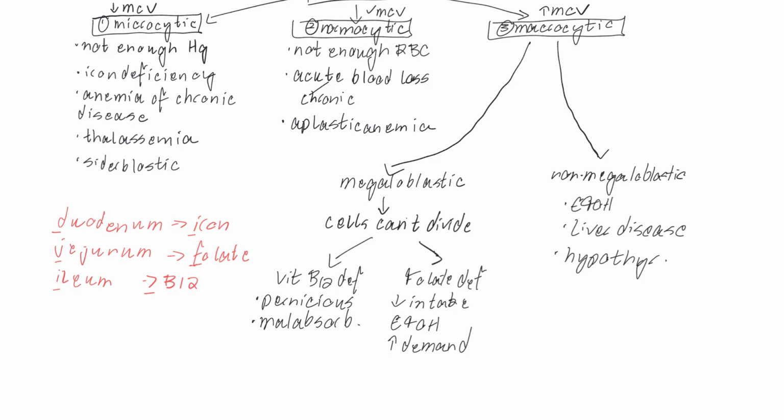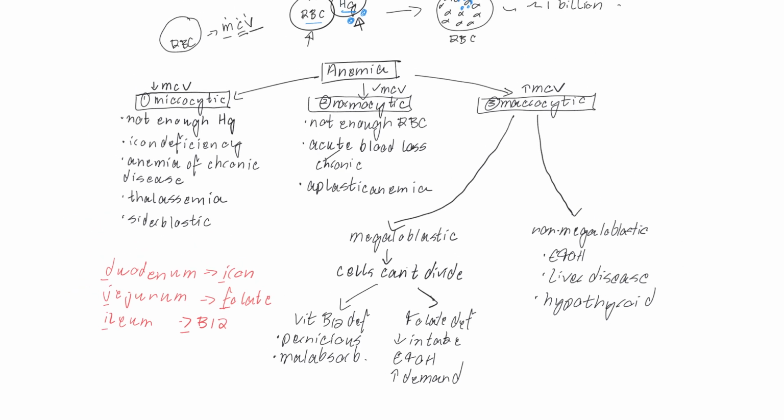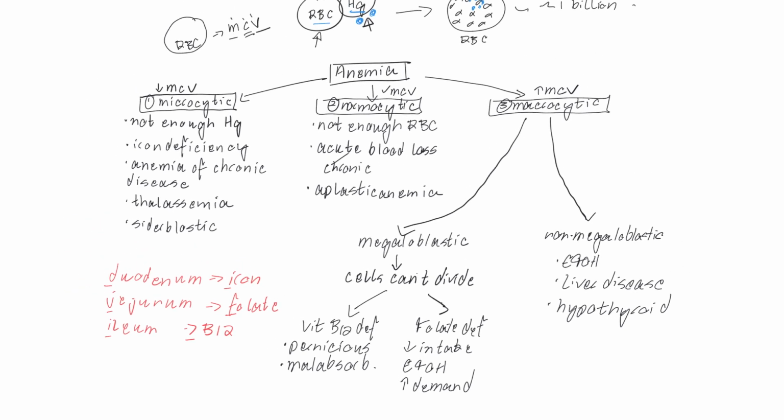And we could actually spend hours talking about each different kind of anemia. But as the average bedside nurse, the average critical care nurse, you're going to see a few kinds more commonly than others. You're going to see iron deficiency anemia, anemia of chronic disease, blood loss anemia, and vitamin B12 deficiency anemia most commonly.